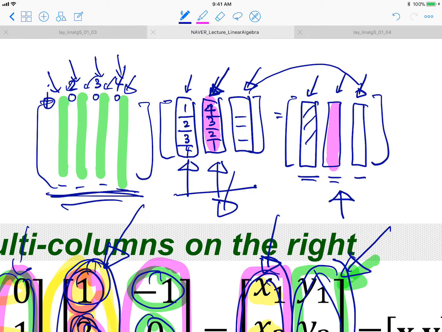The point is, these 3 vectors are all linear combinations of the same 4 vectors, but using different linear combination coefficients, right? So in that case, those 3 vectors should be inside the span of these green vectors, right?